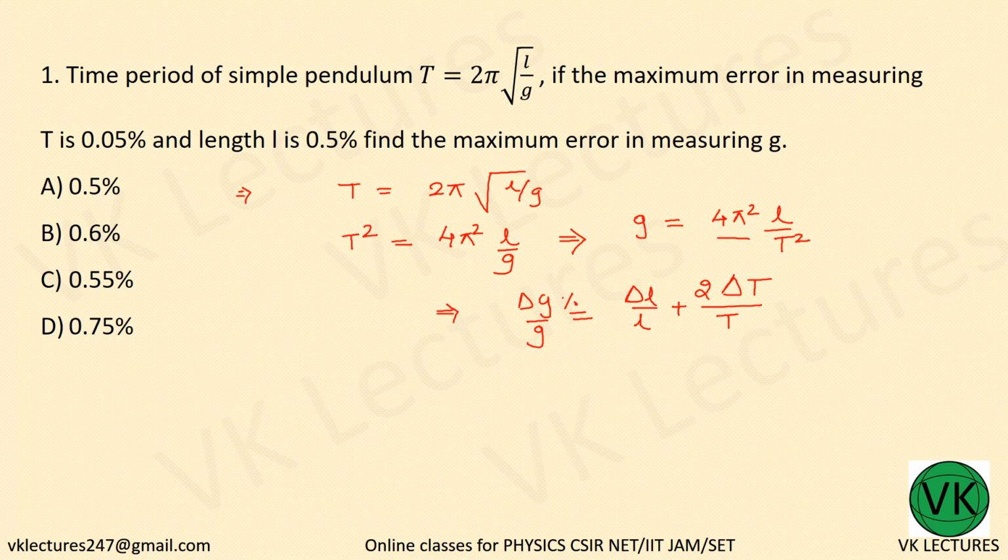That means just multiply by 100. So this is what you want. That's equal to delta L by L percentage, which is given as 0.5, plus 2 times delta T by T, which is given as 0.05. So 2 times 0.05. Now this constitutes 0.5 plus 0.1, which is equal to 0.6%. So your option is B.